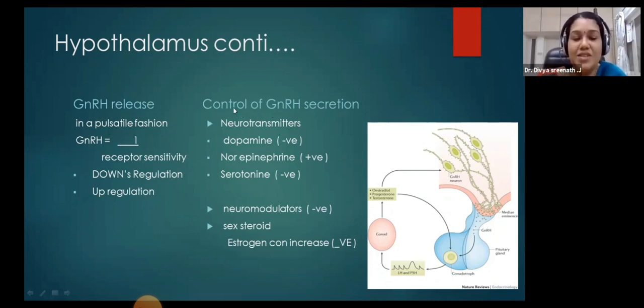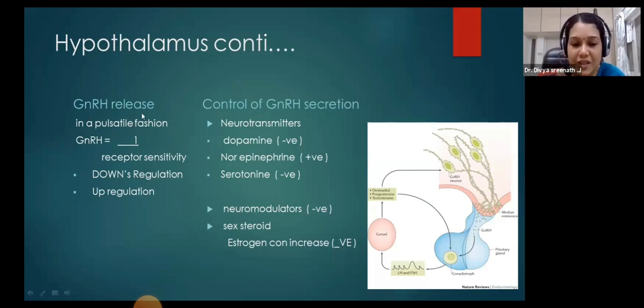So there are so many factors which control this GnRH secretion, like neurotransmitters, neuromodulators, etc. A neurotransmitter like dopamine has a negative effect. That's why in patients with epilepsy who are taking medicine for epilepsy, menstruation becomes abnormal, or the cyclic rhythm is lost. This is because they may have some inhibitory or negative effect on GnRH release.